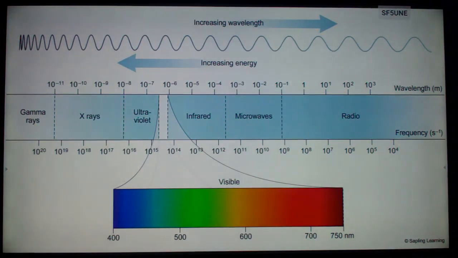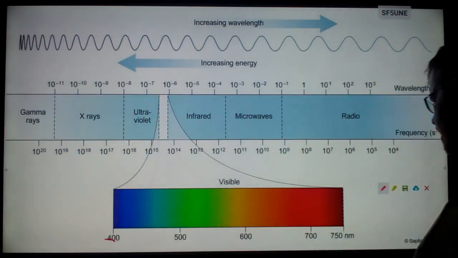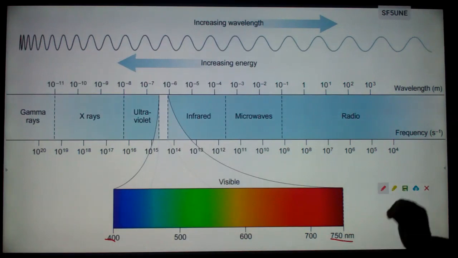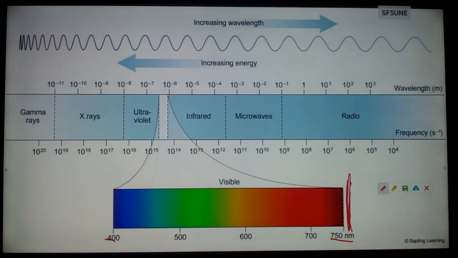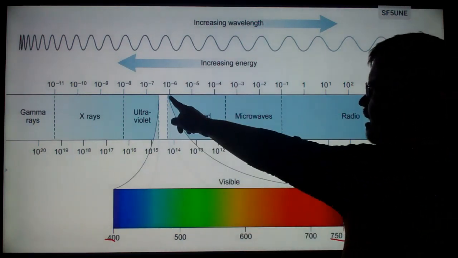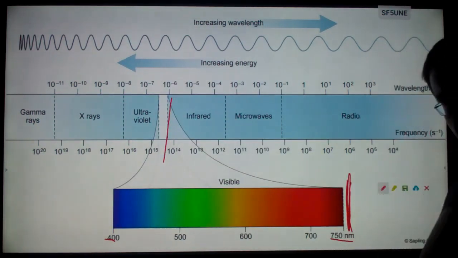Let's look where I'm at on the visible light spectrum. The visible light spectrum right here at the bottom goes from 400 to 750. I'm just barely shy of it. I'm right outside of it, which will put me in infrared.